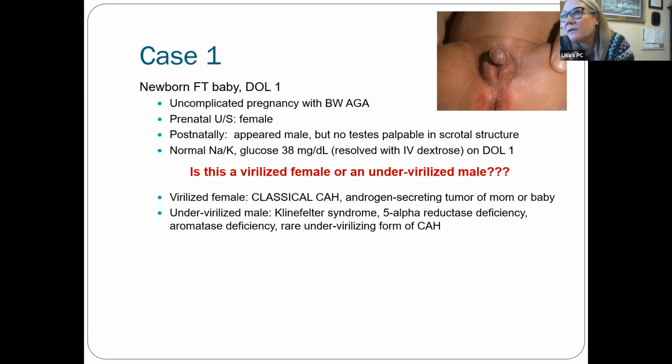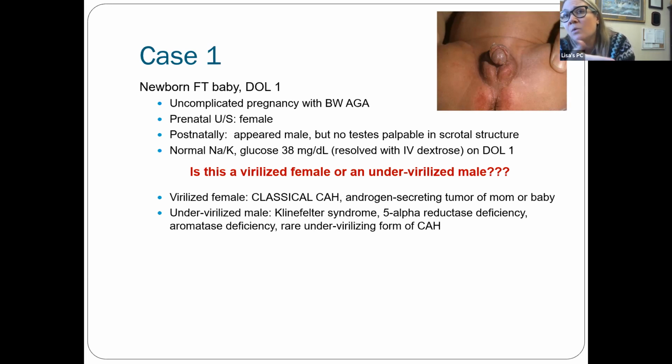But if not super common, if there's a virilizing tumor in the newborn, like of the adrenal or the ovary, there are virilizing tumors in pregnant females like luteomas and things like that, where the mom can actually overproduce androgens herself during pregnancy, and then that causes virilization of the fetus. But usually there'd be something on history, like mom developed hirsutism or something unusual related to virilization during the pregnancy. If there's none of that, I'm not super concerned about a virilizing tumor in mom.